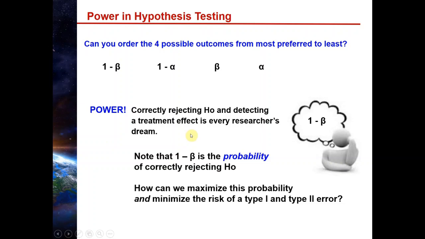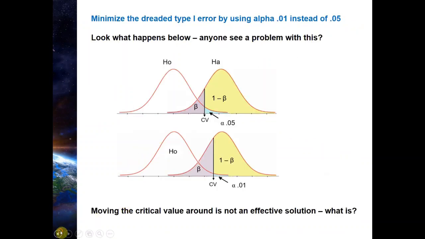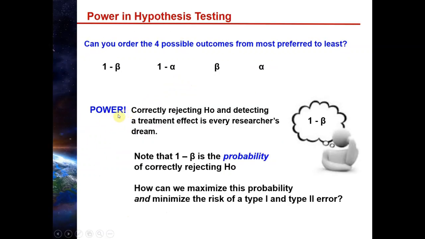If we could know that, right? In theory, we're working with samples, so we don't know, right? That's why everything is based on probabilities. We're working with samples, not the entire population. But if we were to know that we're in that area, we would say our test had a lot of power.